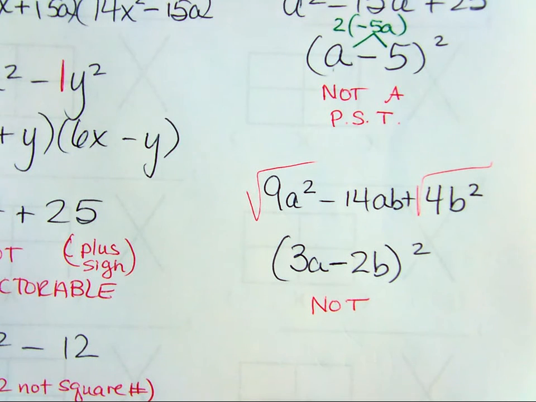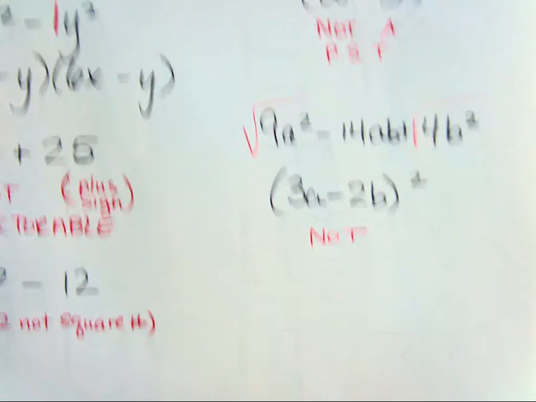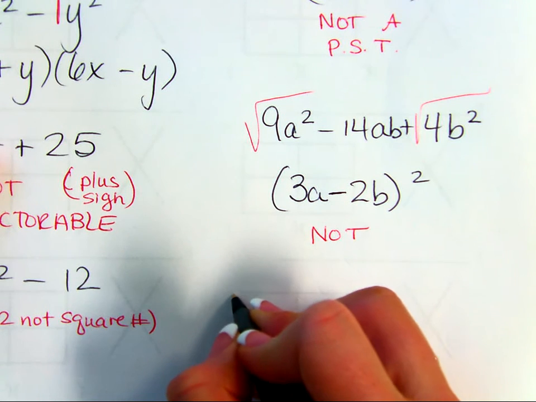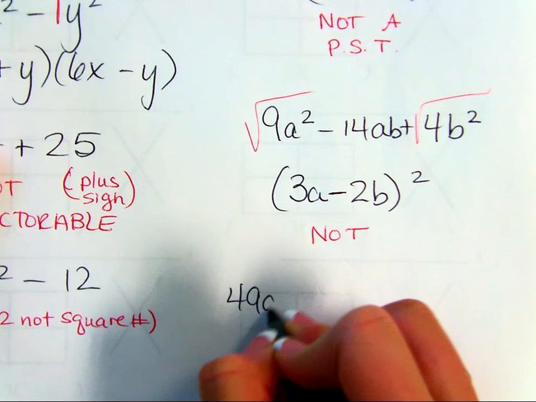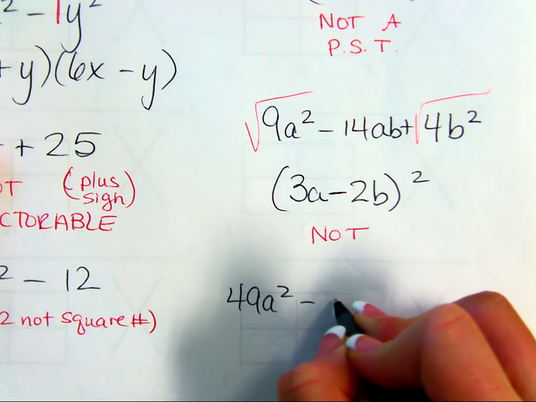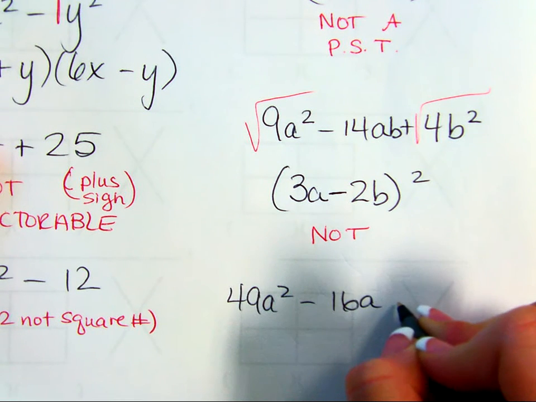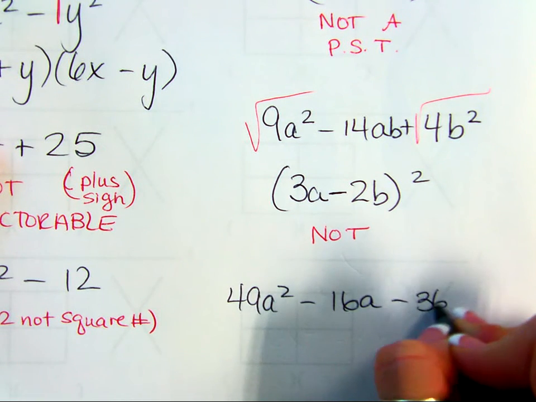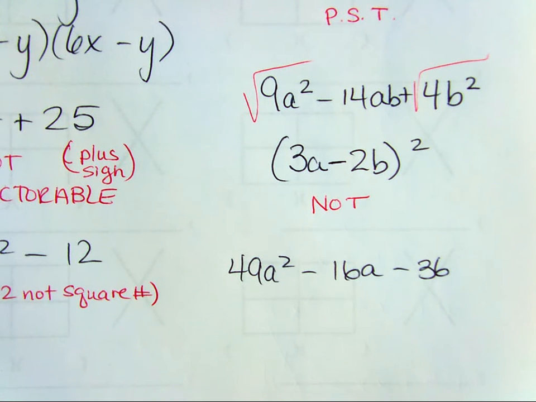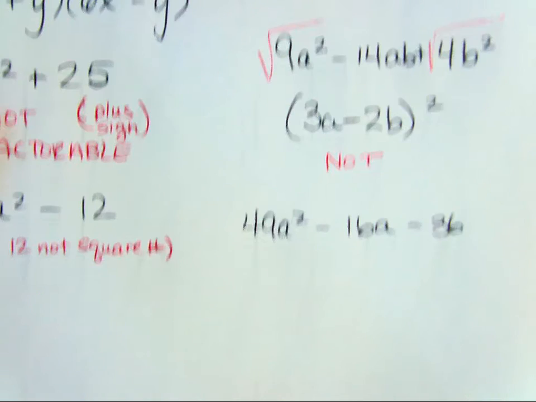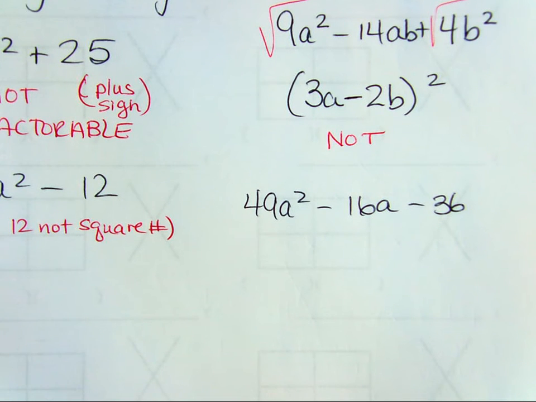Okay, let's try... Oh, and then let's take a look at this one. Like, what if I had 49a squared minus 16a minus 36? Is that a perfect square trinomial?